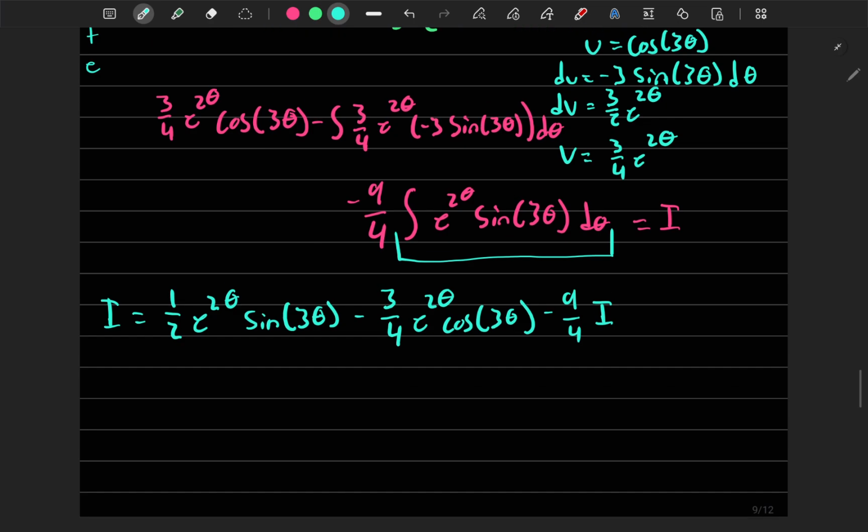So now we have two I's in our equation, which is super nice because we can add 9/4 I to both sides and get 13/4 I equals all of this.